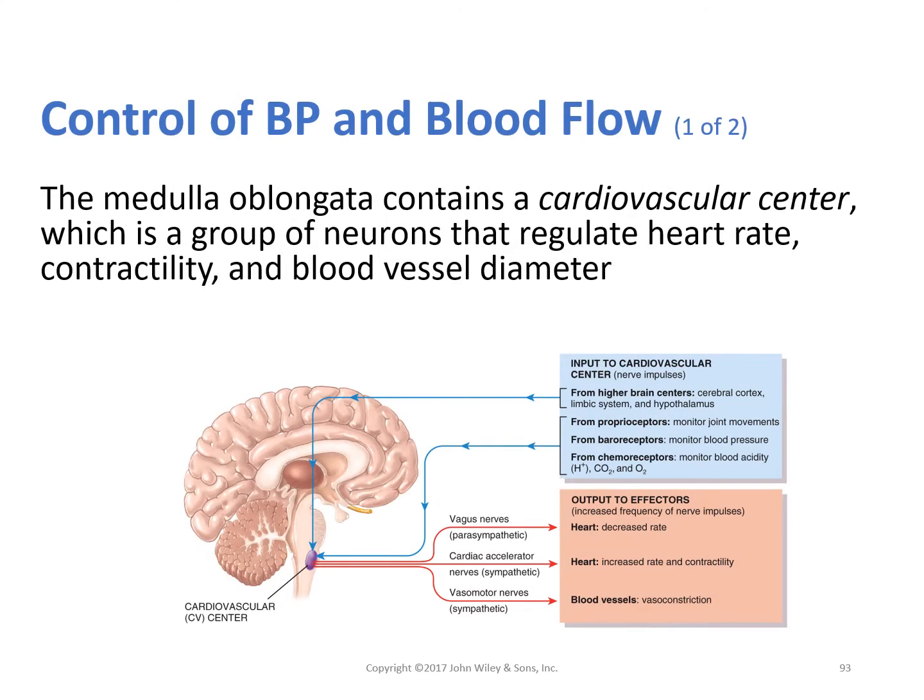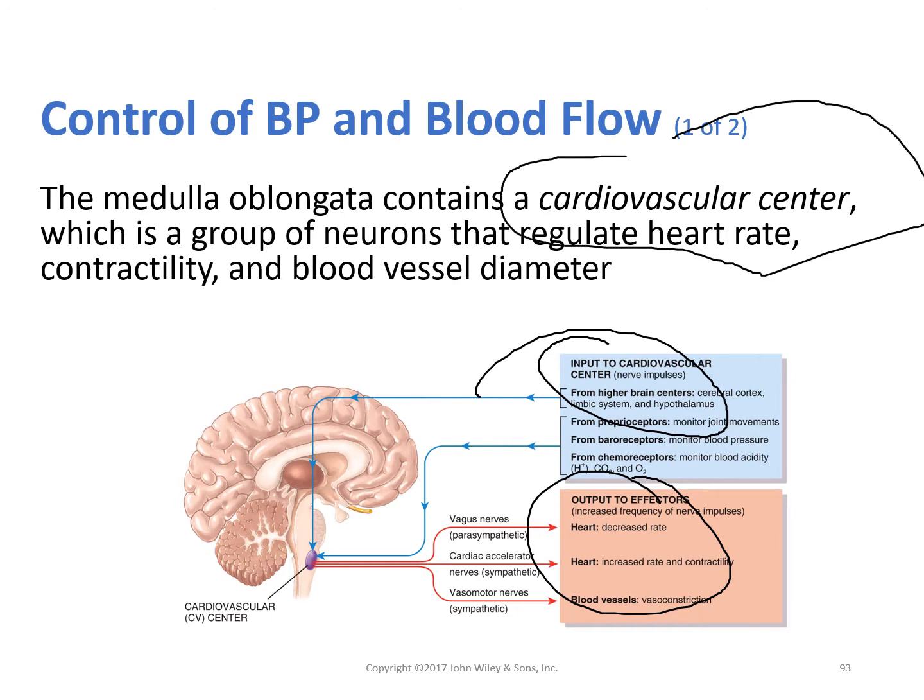Blood pressure can be controlled by the nervous system, and the various parts of your body coordinate this. The medulla oblongata contains the cardiovascular center, which is basically a bunch of neurons that regulates our individual heart rate, the contractility of it, and the blood vessel diameter.